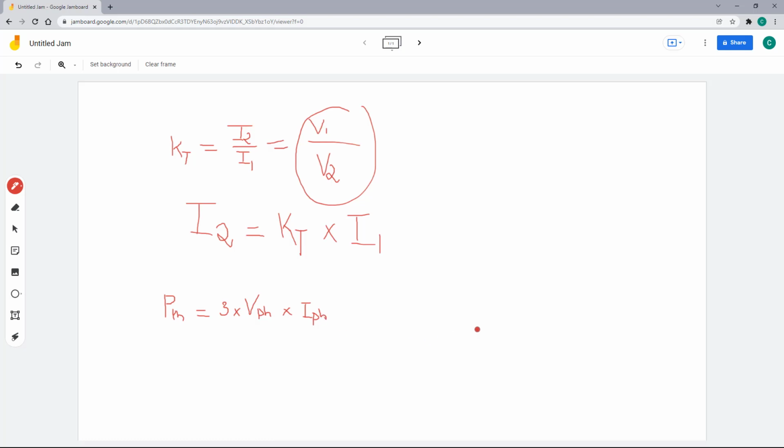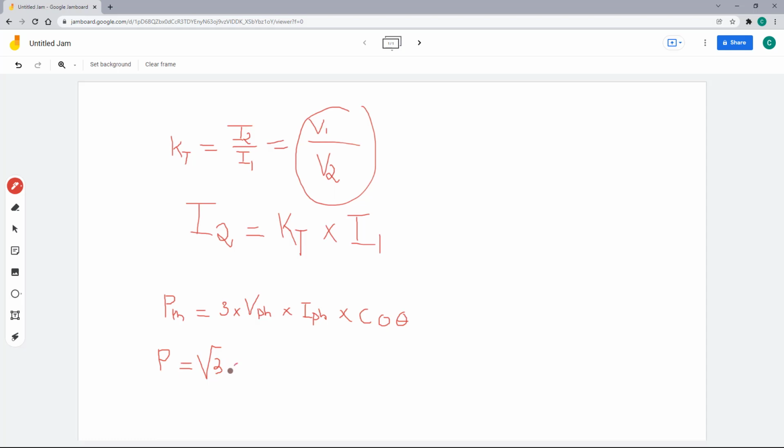Okay, so this formula will give you the secondary power on the output of your transformer. But remember to include your power factor, because if you don't include your power factor, then your result will not be correct. Or you can also calculate your power in a star 3-phase transformer to be equal to the square root of 3, okay?